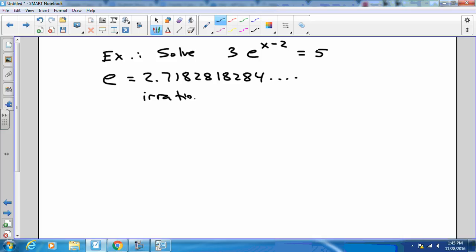E is an irrational number, meaning that its decimal approximation does not terminate and does not repeat. And for reasons that are not yet clear, but will become clear over the next week, E is actually the preferred base for our exponentials because it has a couple of special properties.